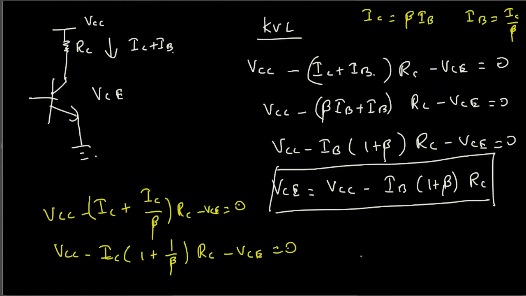And if I write this one in terms of IC, then IC is going to become VCC minus VCE divided by 1 plus 1 over beta times the RC, and that's the IC expression.